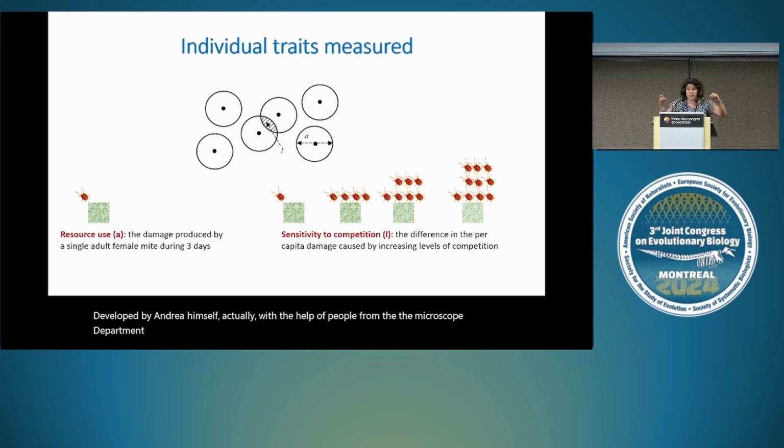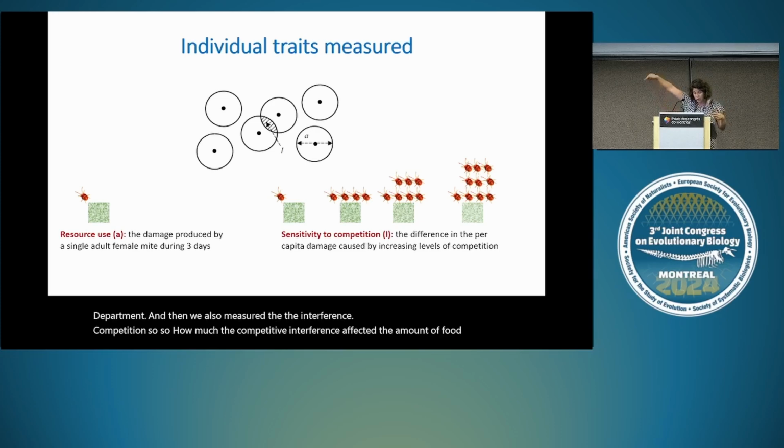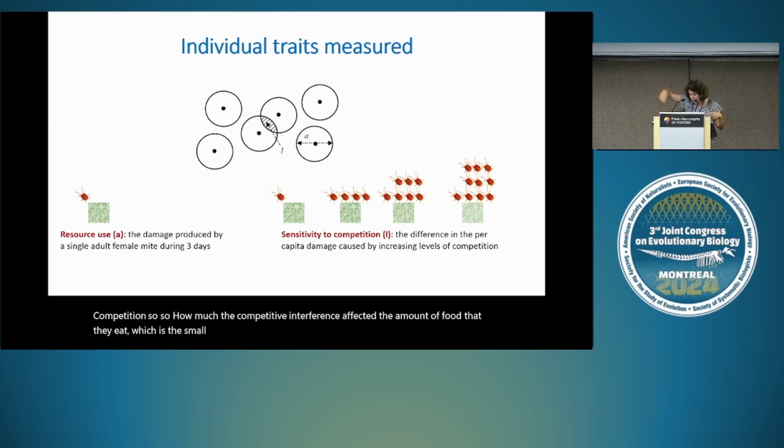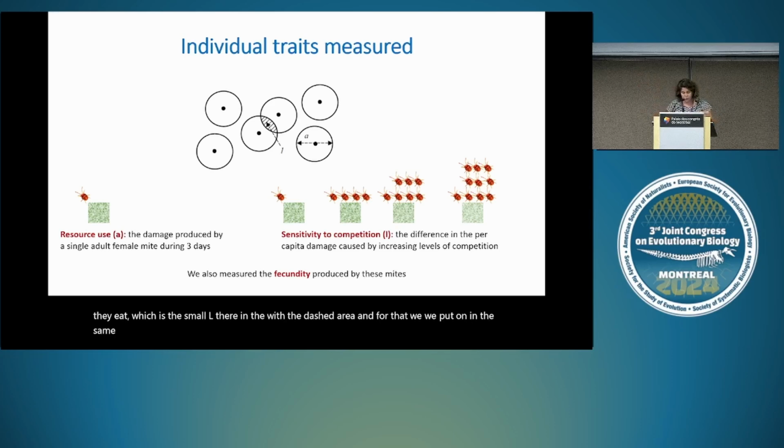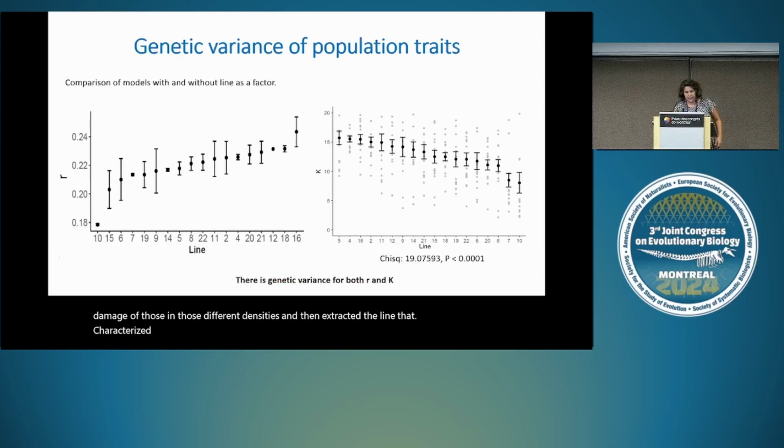And then we also measured the interference competition, so how much the competitive interference affected the amount of food that they eat, which is the small L there with the dashed area. And for that, we put in the same area increasing densities of mites, and then we measured the per capita damage at those different densities, and then extracted the line that characterized that decay.